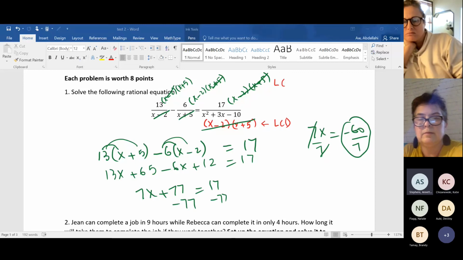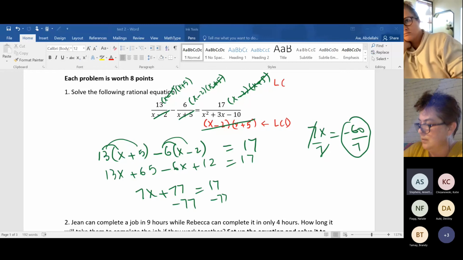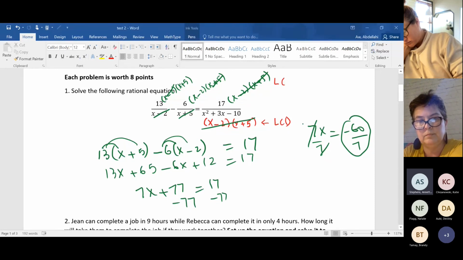Because those two numbers make the denominators 0, and in math, we cannot have a 0 denominator, right? So before you box your answer, take a second to compare your answer with whatever number makes the denominator 0.